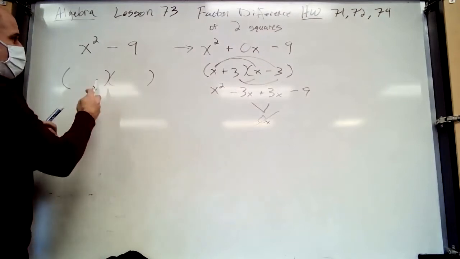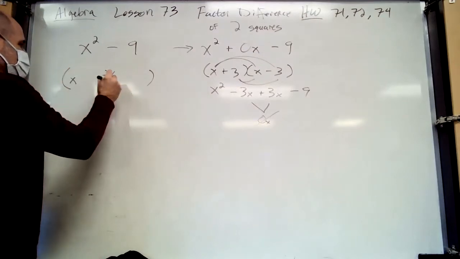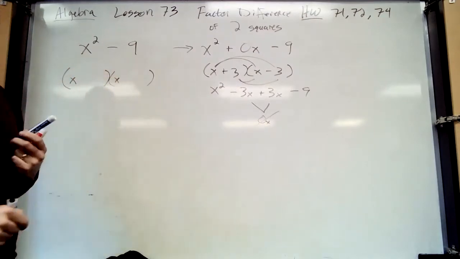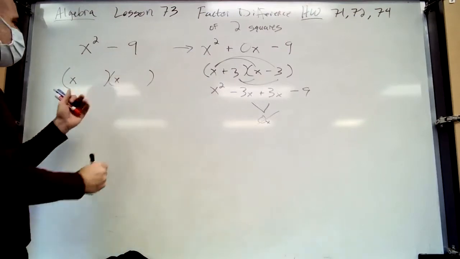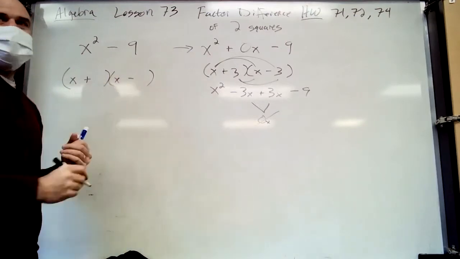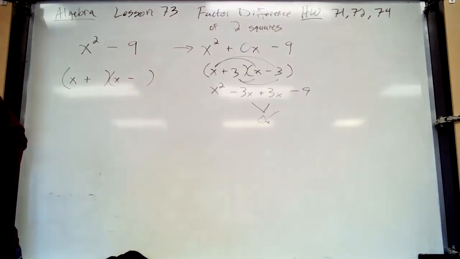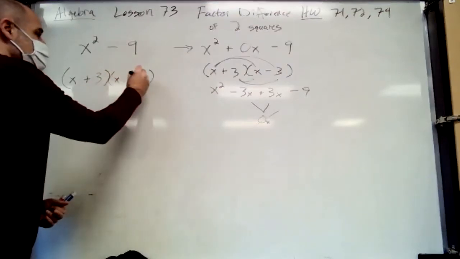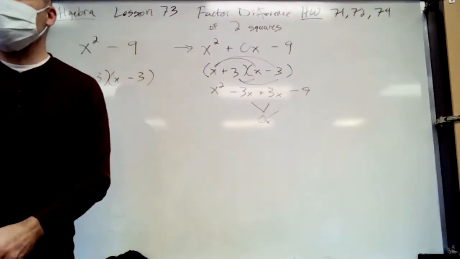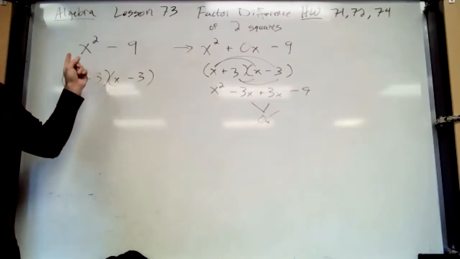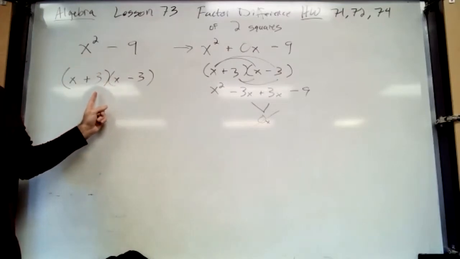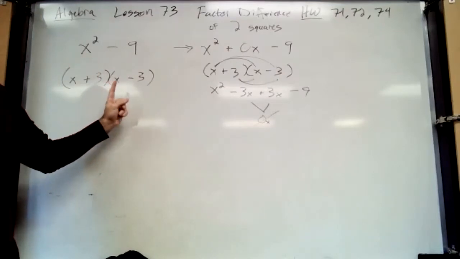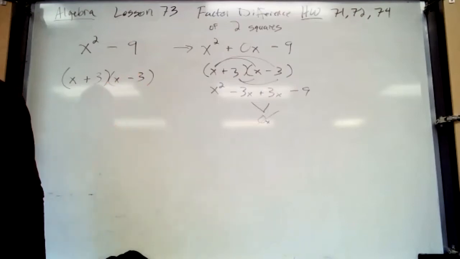You still get x and x because it really is just the square root of the first term. Then one of them's added, one of them's subtracted, and then it's the square root of the second term. Basically it's the square root of the first term plus the square root of the second term, times the square root of the first term minus the square root of the second term.